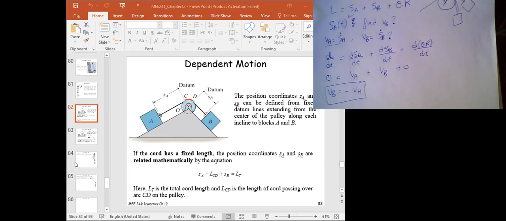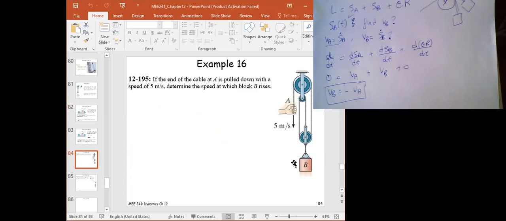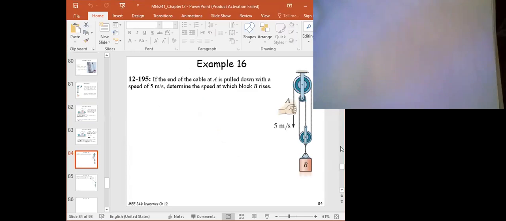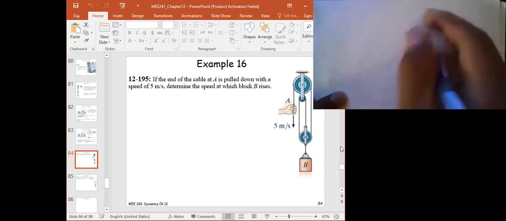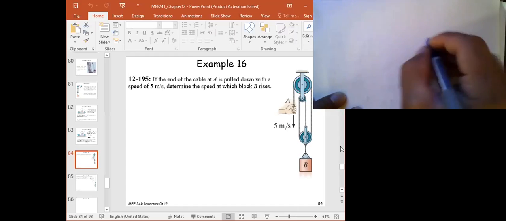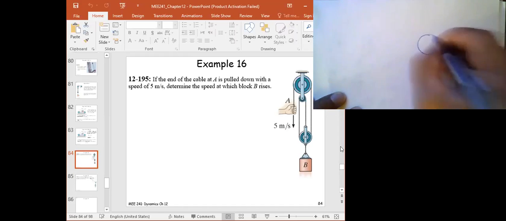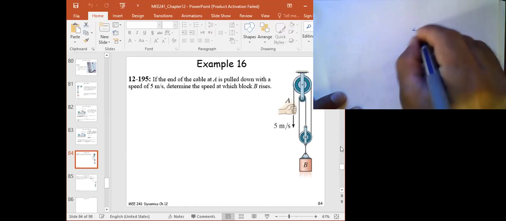All right, let's apply what we just did to this. Now I need your help. I know I have some really smart guys in this class, so maybe you can help me out. I want to draw the references here, and then set up my datums. So I'm going to draw this.